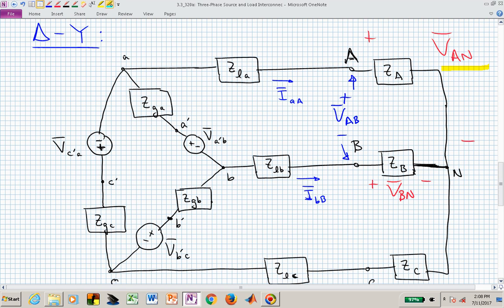But I hope you can see that the A phase line current is in fact the A phase load current.